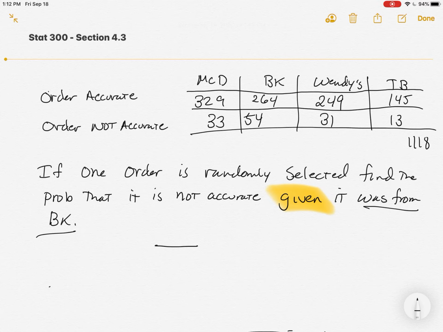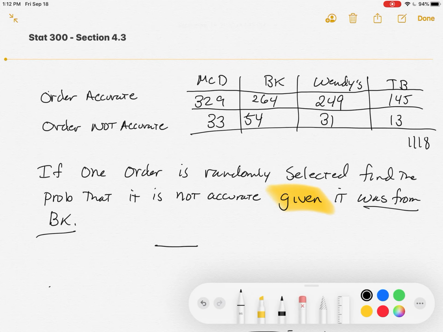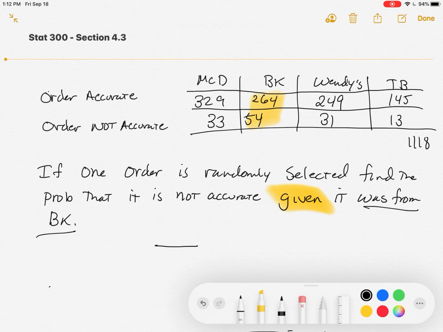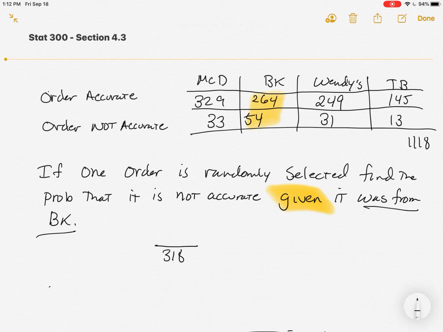264 plus 54, right? We're only looking at this column right here. Nowhere else. And so we're only looking at 318 orders because we know it was from Burger King. Out of the 318, how many were inaccurate? 54. So this is the probability that was not accurate given it was from Burger King.